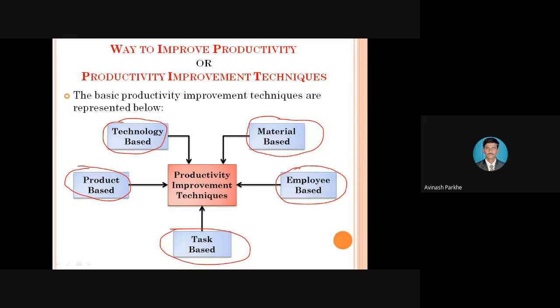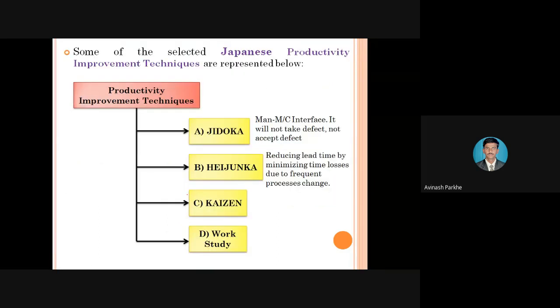If I implement all these 5 techniques in the organization and the industry in the proper way, then your productivity can be increased. So this is about some standard techniques or standard ways to increase the productivity of an organization.